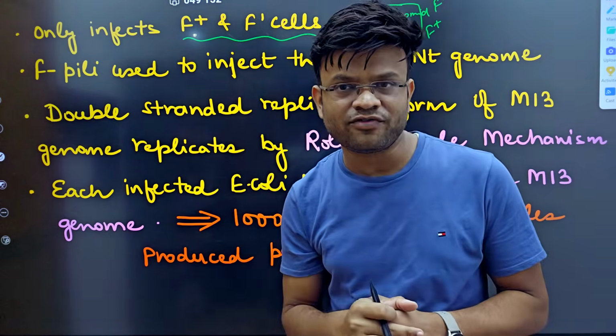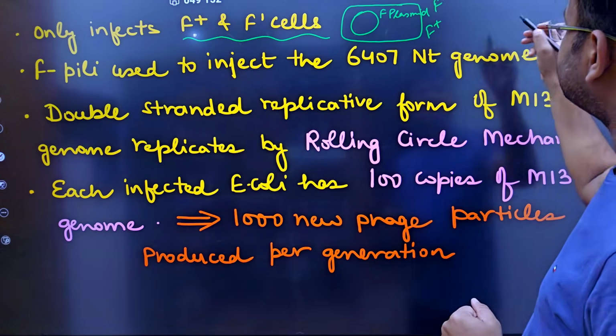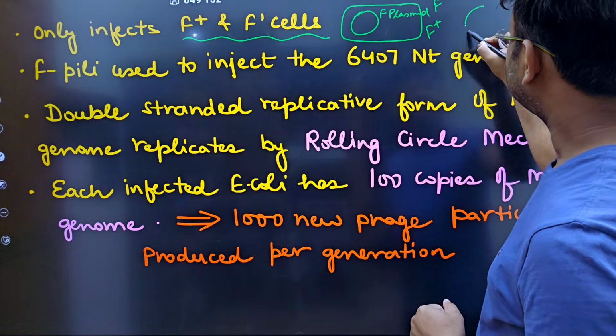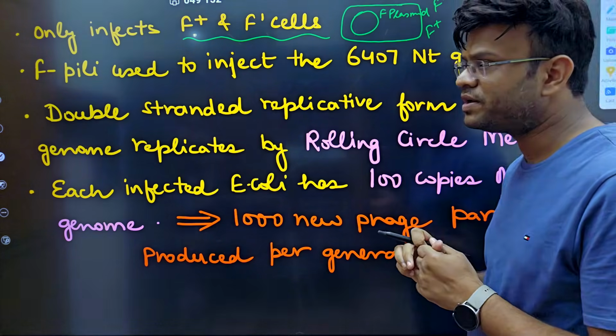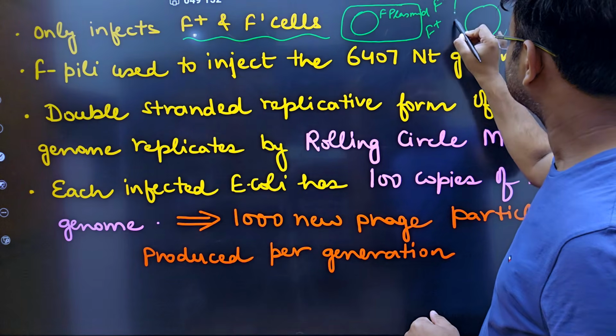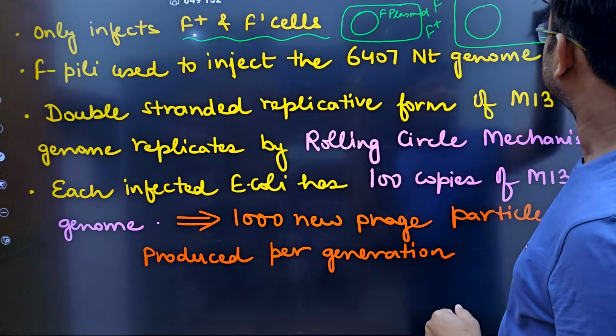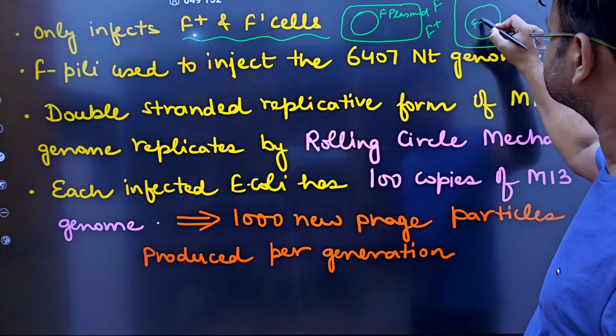What do you mean by F prime? Understand this. Suppose this was the plasmid inside a bacteria. I am drawing everything inside a bacteria over here. Let me draw the bacteria also. So this is the bacteria and this is the F plasmid.